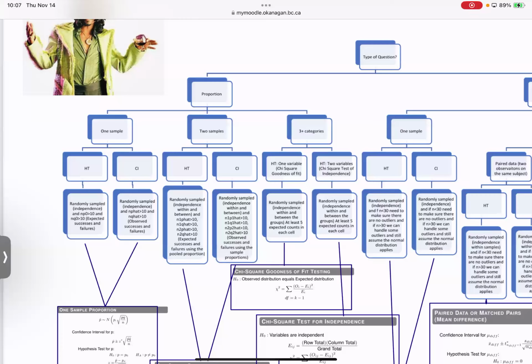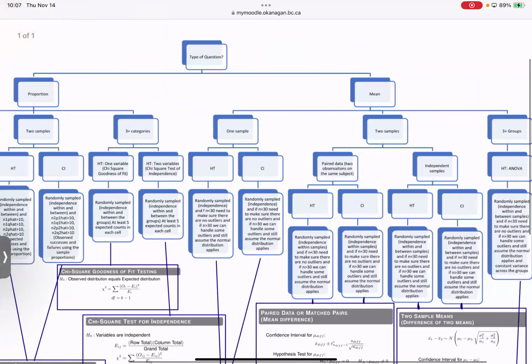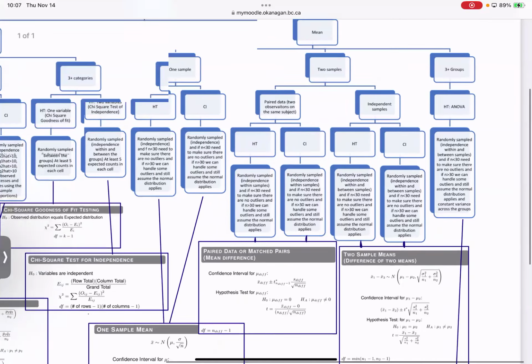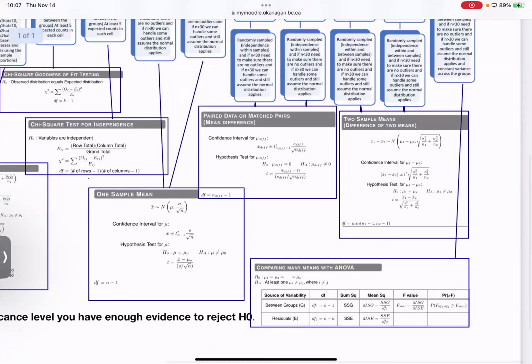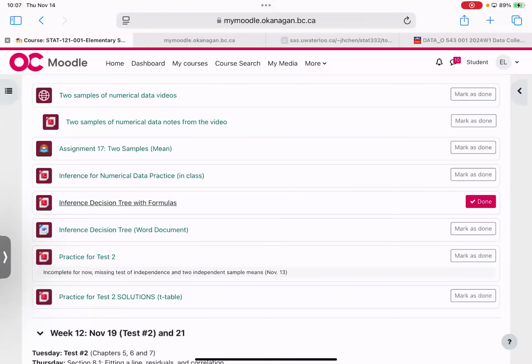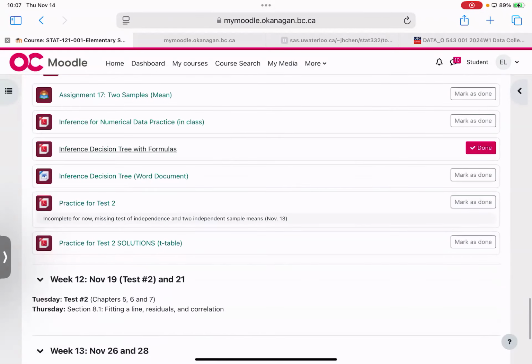Because that helps you tease out some of the differences. I do have the ANOVA for 3 or more groups down here, but you can ignore it. I also posted the Word document in case you want to muck around in there. I made it in Word so that you could, although I hate Word, so.